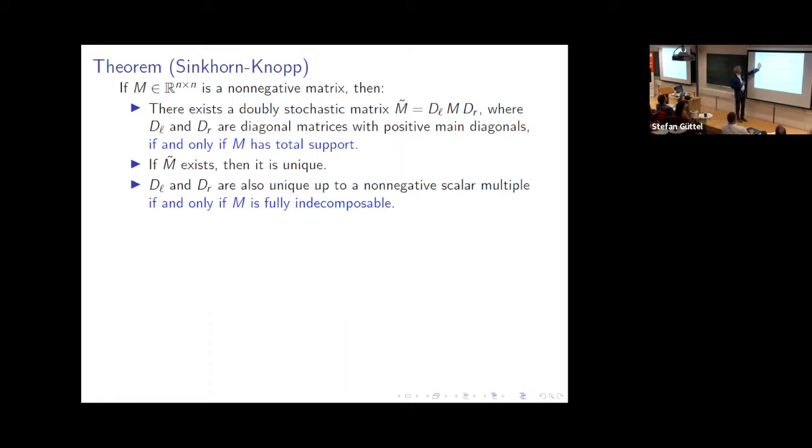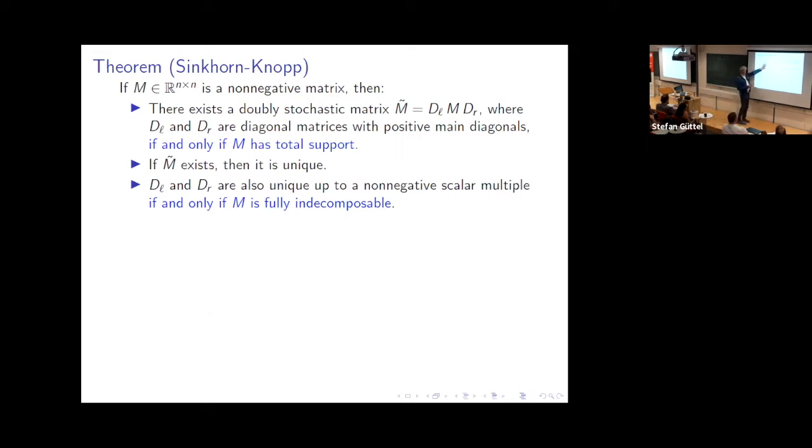And they showed the following result: there exists a doubly stochastic matrix with diagonal scalings if and only if M has total support. I will explain in a minute what total support means. And if it exists, then it's unique. And D_L and D_R are also unique, provided M is fully indecomposable. These are two conditions on the number of zeros that you have in the matrix.